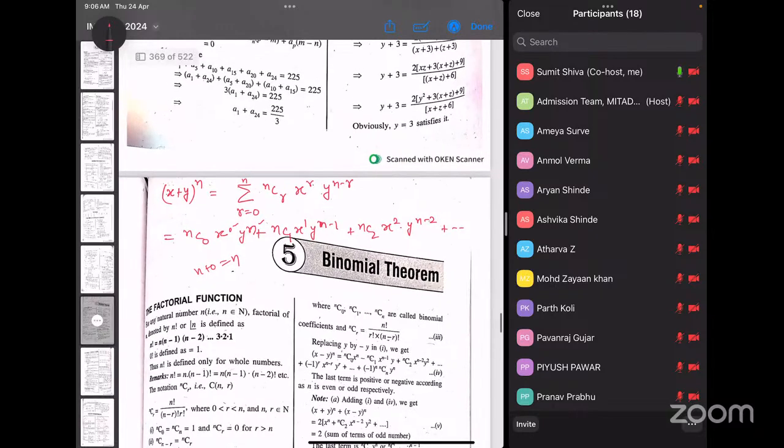If you add n minus 1 plus 1, it will again be n. If you add n minus 2 plus 2, it will again be n. So the second important property in binomial expansion is that in any randomly selected term, the sum of the powers of the binomials will be equal to the highest power of the binomial, that is n.